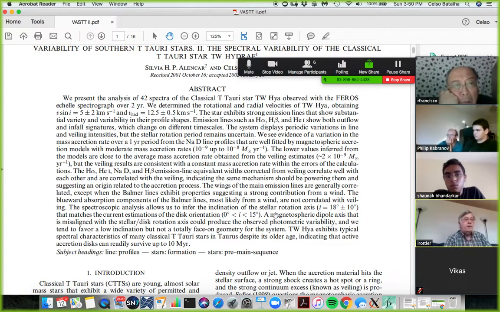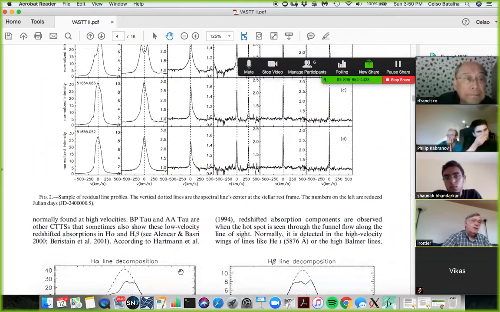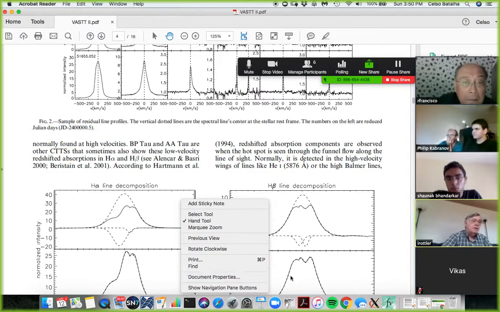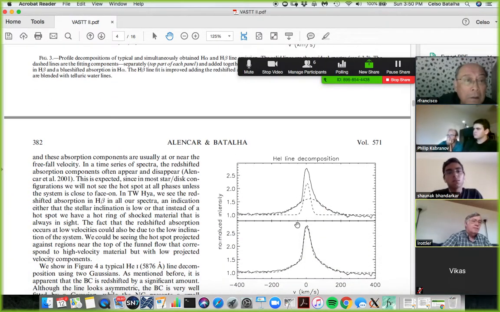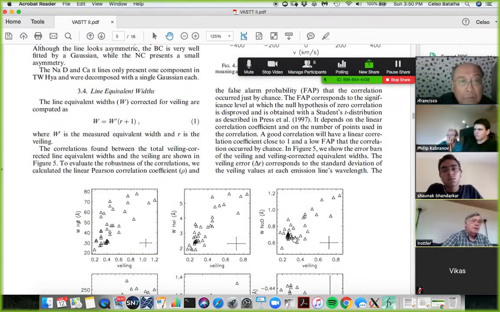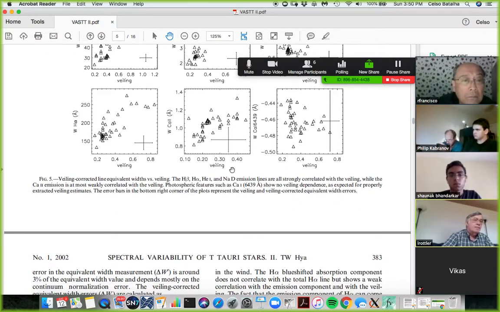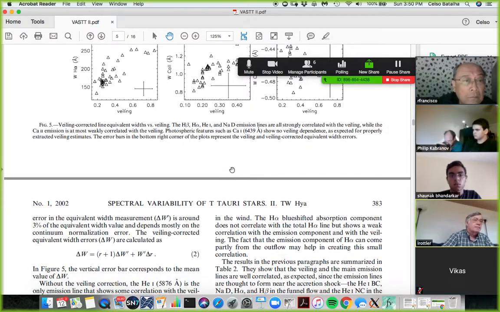This is the part that she did. That's the decomposition she did. So the correlations are there. Error bar, you guys have to be aware of error bar. We have to have that well set. It's important.